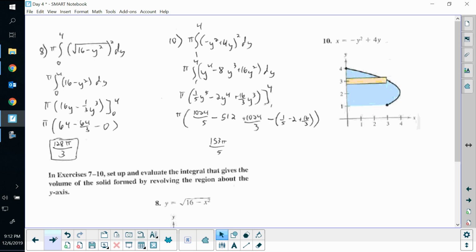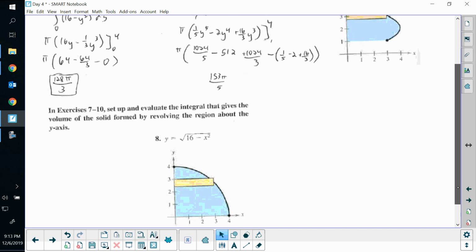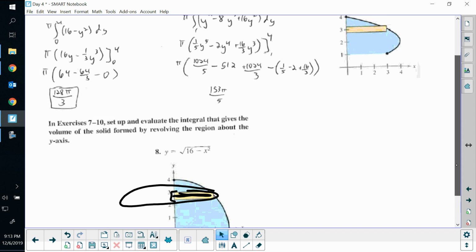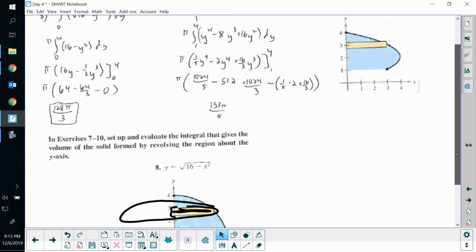Next ones, we're going around the y-axis, and our slices were going horizontally. So in both cases, we were going to have dy's. Our disks look something like that. So that's our radius. So we're just doing pi radius squared, where our radius is an x value because it's coming out horizontally from the y-axis.